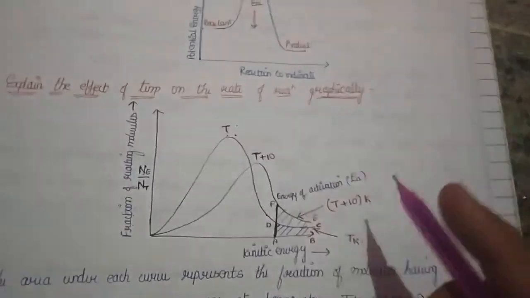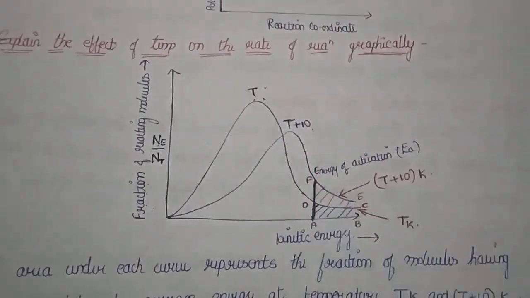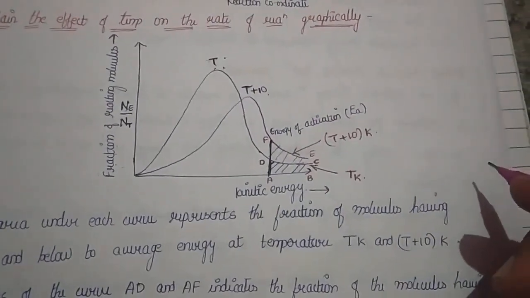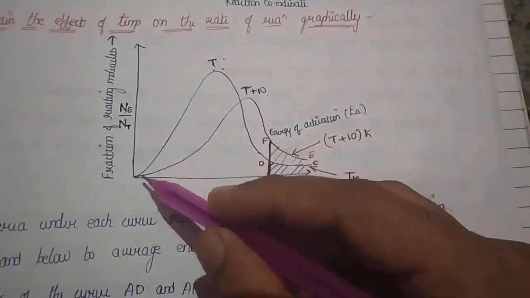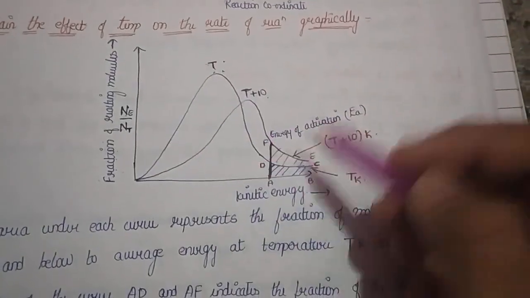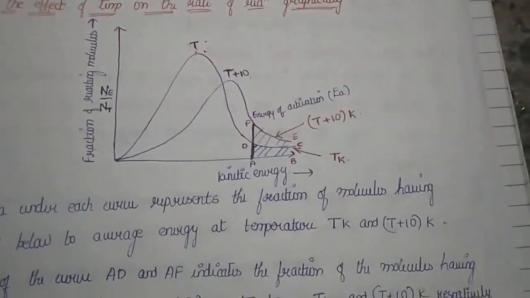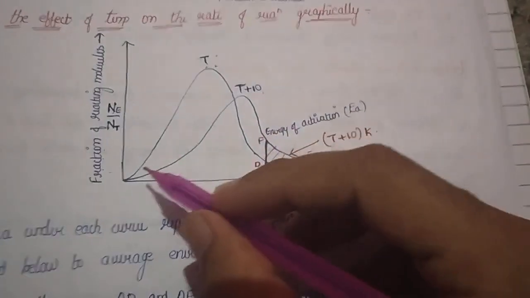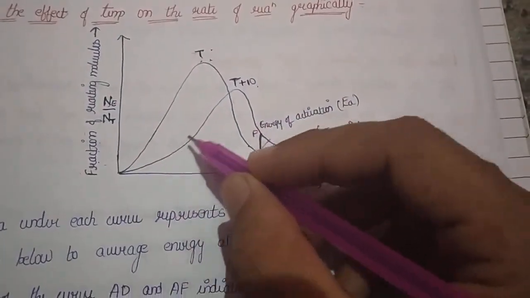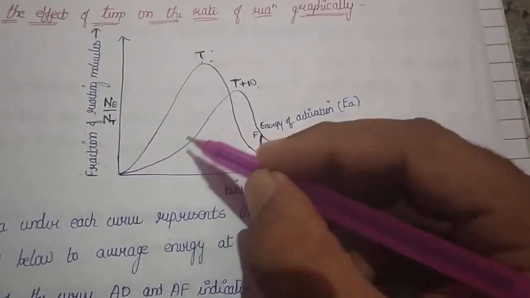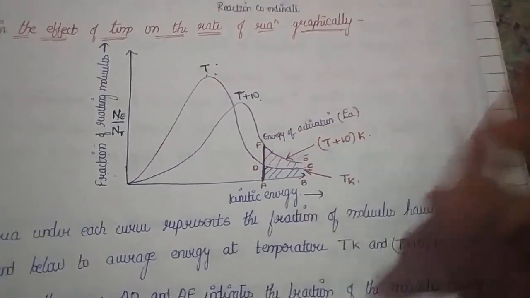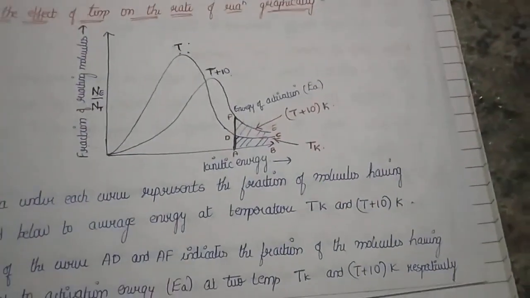But what we are observing here is, on increasing the temperature, please mark my words. This is at T Kelvin, where I have obtained a graph. The same reaction is done at T plus 10 Kelvin. So what we can observe is that there is a slight shift in this energy curve towards higher energy.